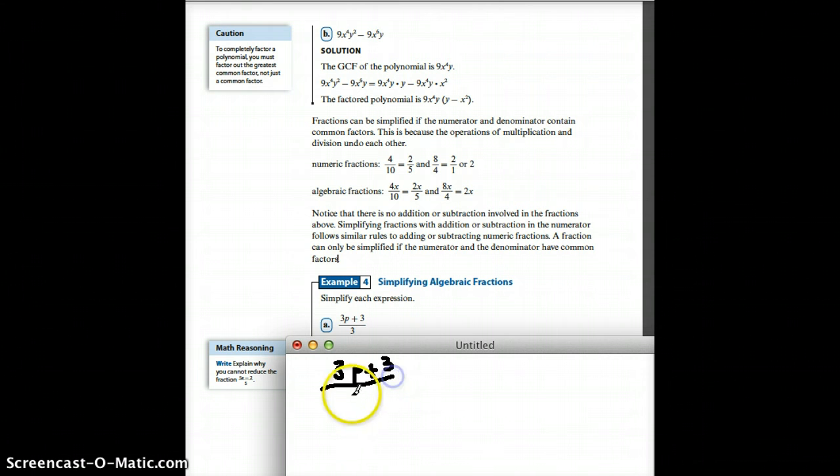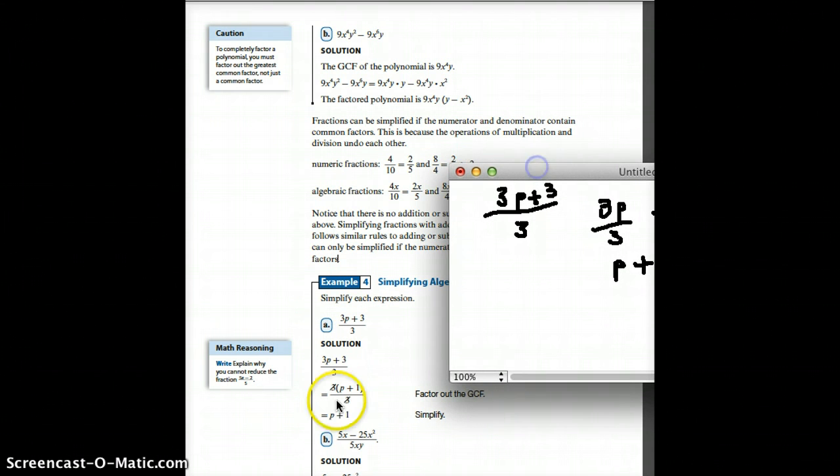So 3p plus 3 divided by 3. Well, the 3 goes into both. 3p divided by 3 plus 3 over 3. So 3 divided by 3 is 1, leaving me with 1p, or just p, plus 3 divided by 3 is 1. So the 3 just goes into both the 3p and the 3. As you can see, I got it right.